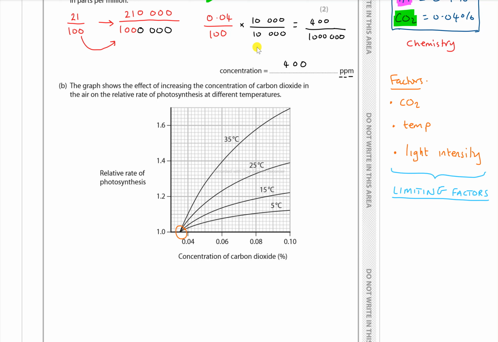So it's going to be just about 0.03%, right? The temperature has no effect. So adding CO2 will not make any difference at this point.